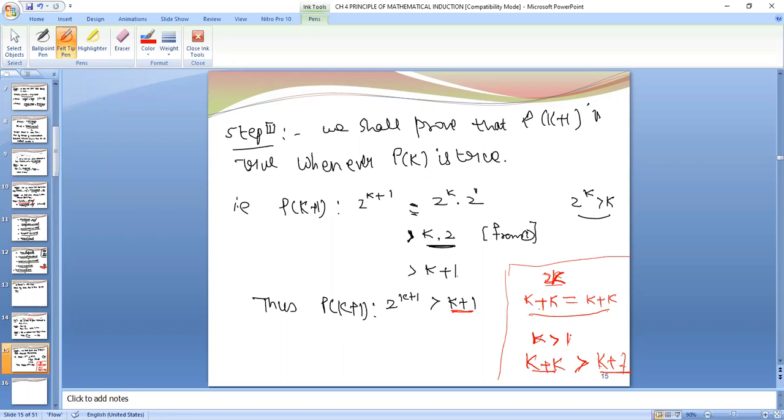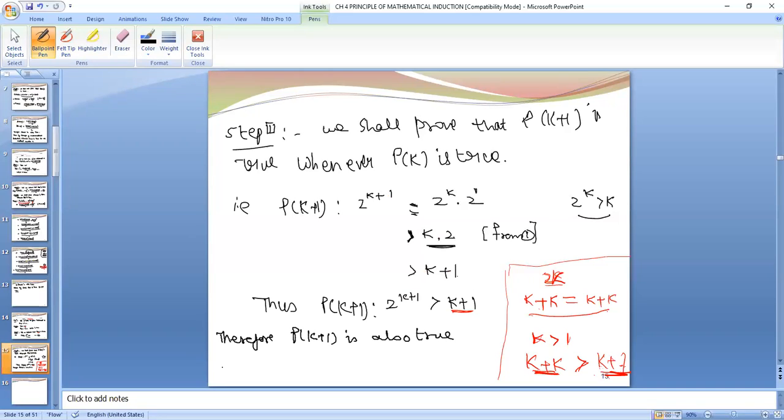So comparing k plus k and k plus 1, k plus k will always be greater than k plus 1. So we are writing here 2k is greater than k plus 1, which implies 2 raised to power k plus 1 is greater than k plus 1. Therefore P(k+1) is also true.